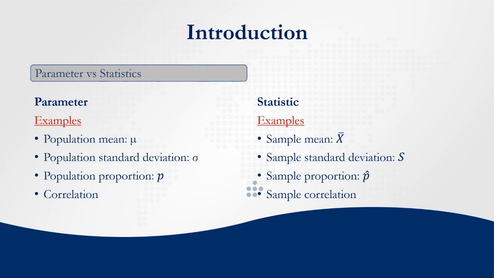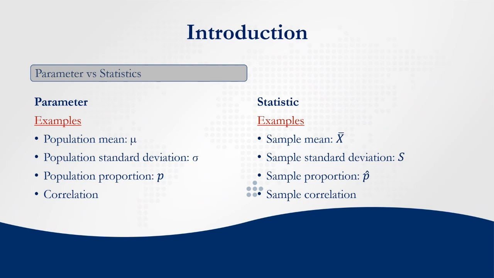You are saying out of a certain population that I'm interested in, how many have this thing that I'm looking at? If it is smoking, how many units within my population smoke? Another example would be correlation. And if we are estimating it from the sample, it becomes a sample correlation.